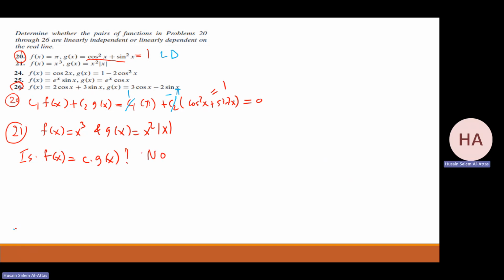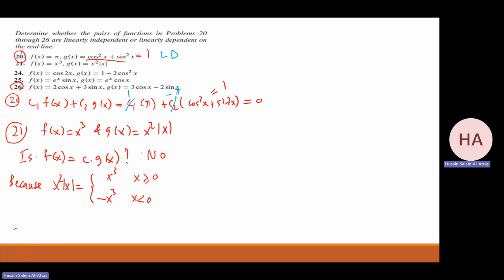No. Why? Because x squared times the absolute value of x is x cubed if x is positive and minus x cubed if x is negative.